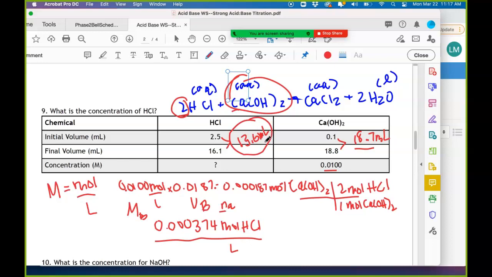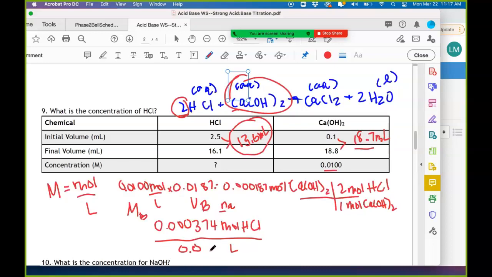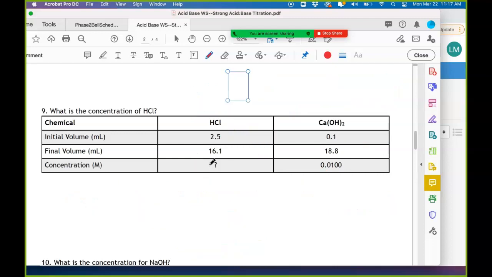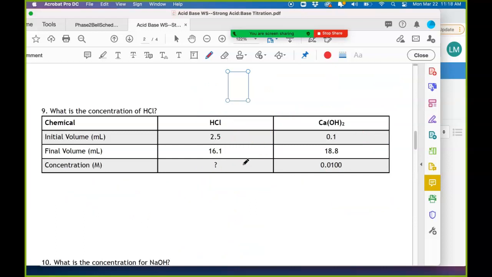It's 13.6 milliliters, which is 0.0136 liters. And you end up with the molarity of, I think it was, 0.0275 molar.